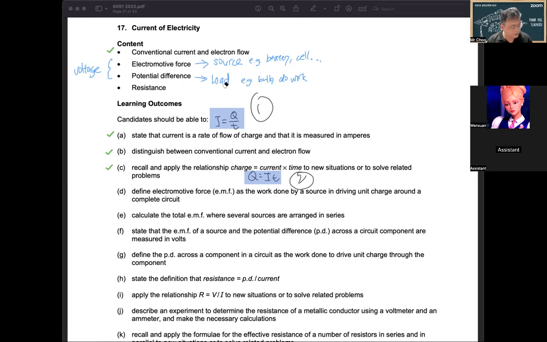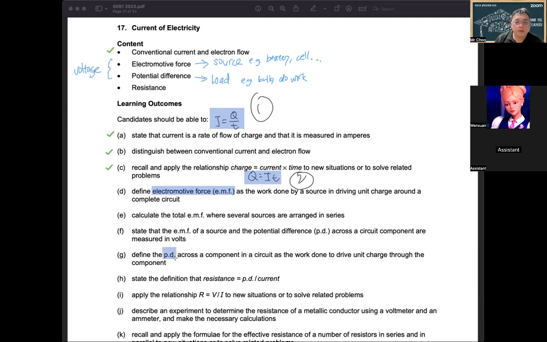Okay, so let me explain what is electromotive force and what is PD. You see here, this is electromotive force and this is PD.